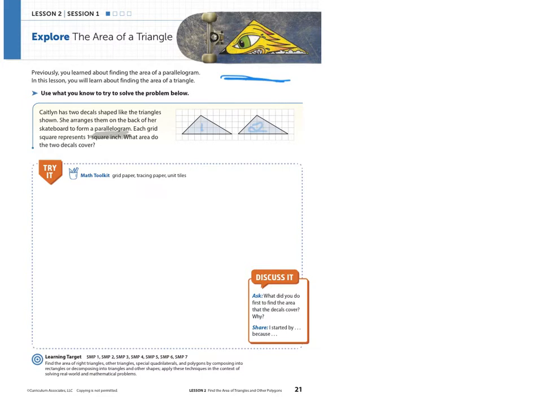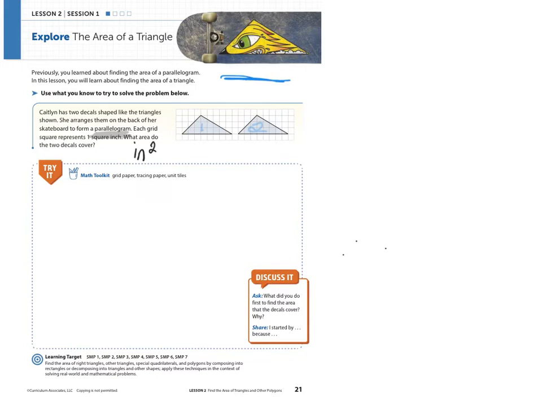So we know, once we are done with this, that we're going to be working with square inches. Okay, so we know that our unit of measure is going to be inches squared. What area do the 2 decals cover? So we're trying to find the area of the 2 triangles. Go ahead, hit pause, give yourself a minute, reread the problem, and try to solve on your own.